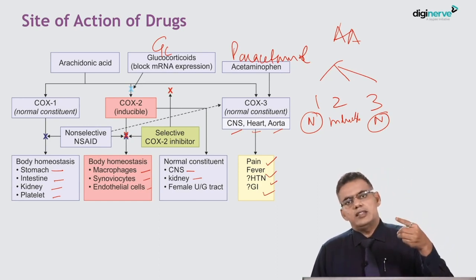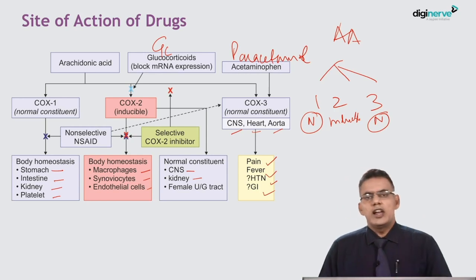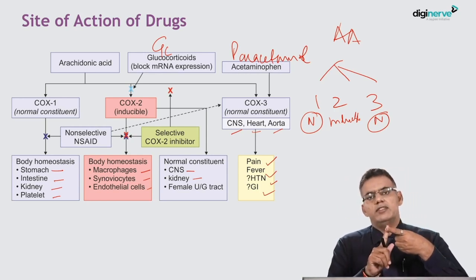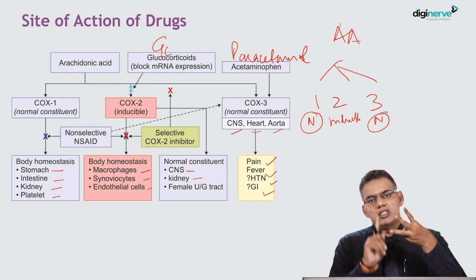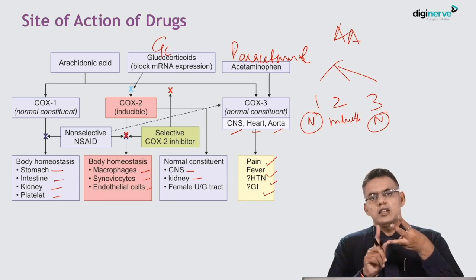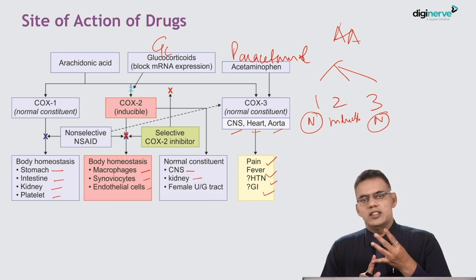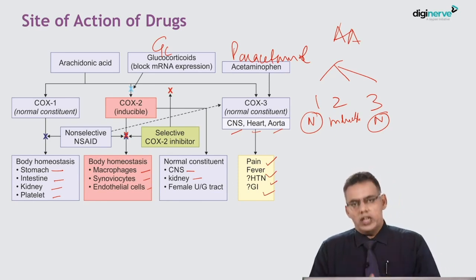The first is the non-steroidal anti-inflammatory drugs, which could be COX non-selective, or COX-2 selective, or COX-3 selective, which is paracetamol. The second drug group which could affect prostaglandin synthesis is glucocorticoids.